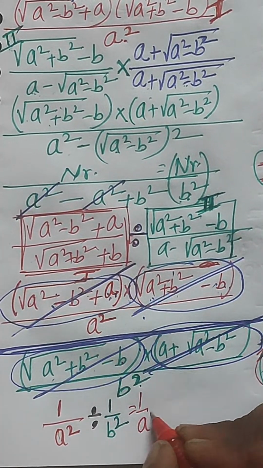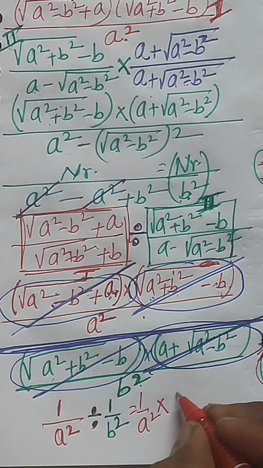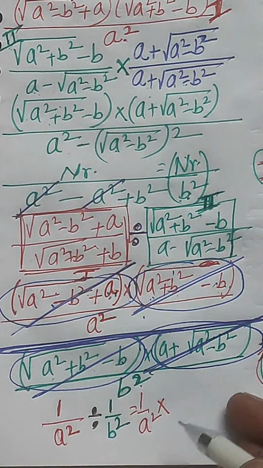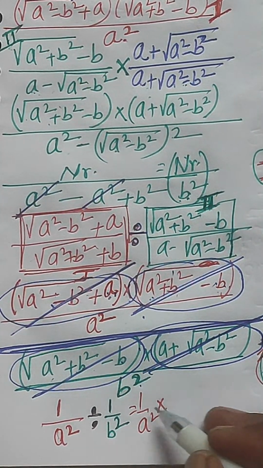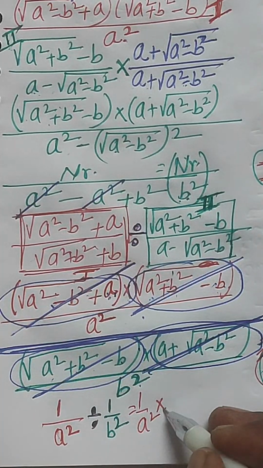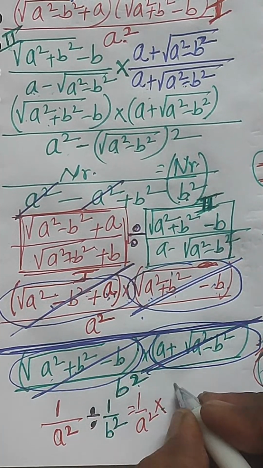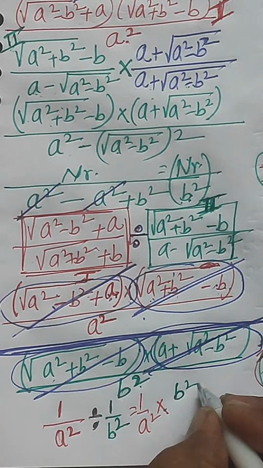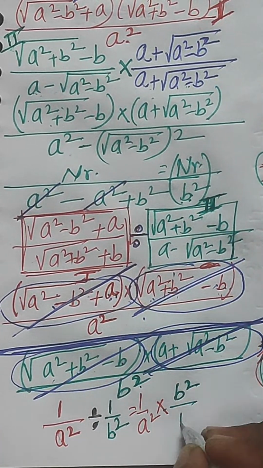Now 1 by a square divided by 1 by b square can be written as 1 by a square into what? When division is converted into multiplication, this b square will go into the numerator, isn't it? b square by 1.